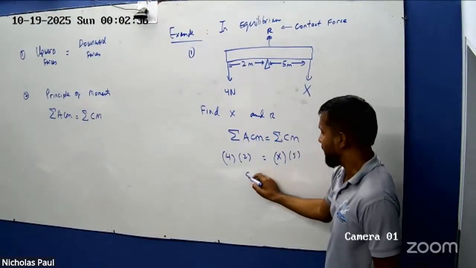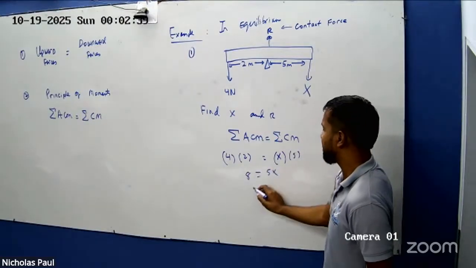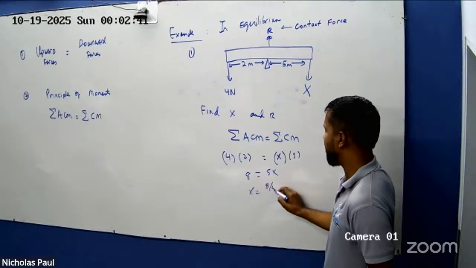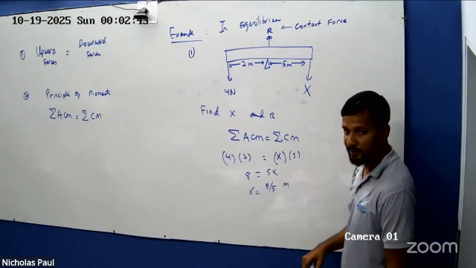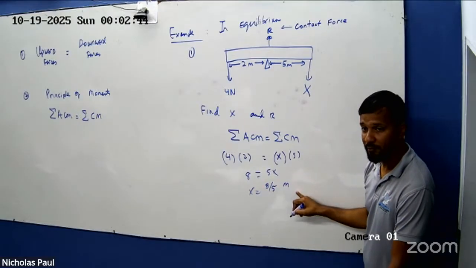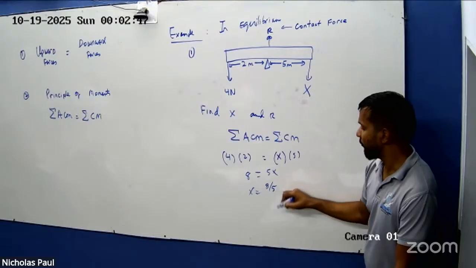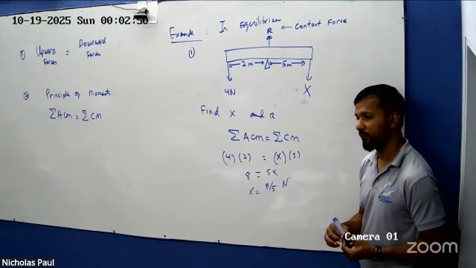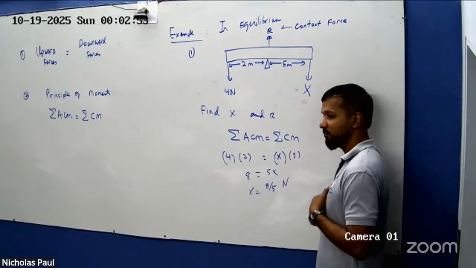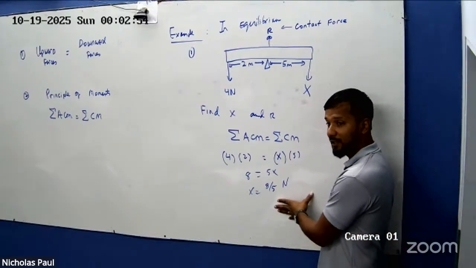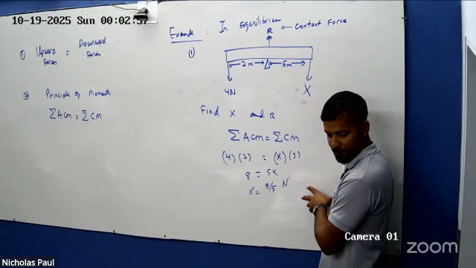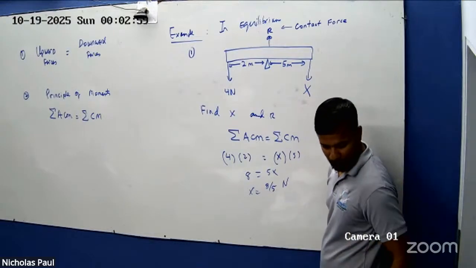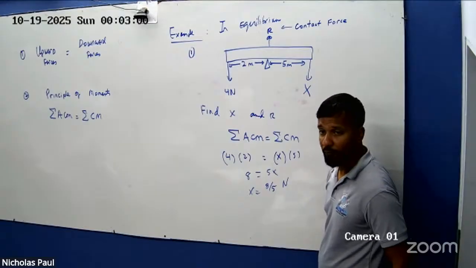So 8 is equal to 5x. x is equal to 8 divided by 5. Is that correct? No, the 4 should be in. There you go. 8 over 5 newtons. Everybody okay with that?